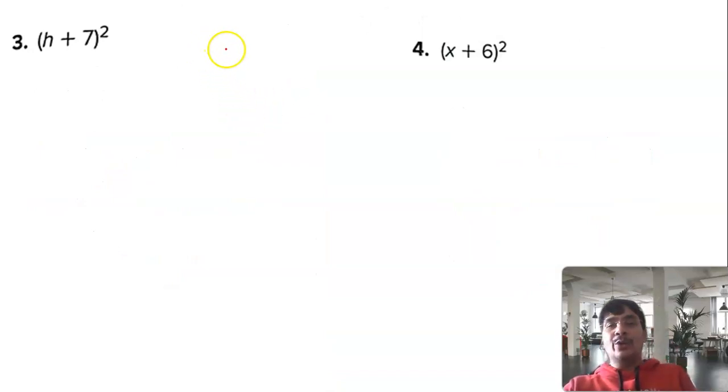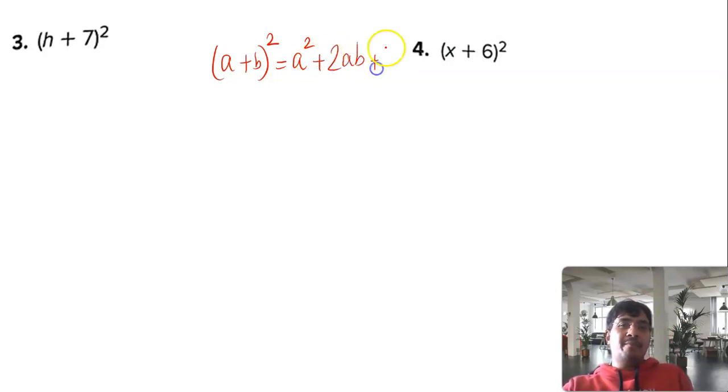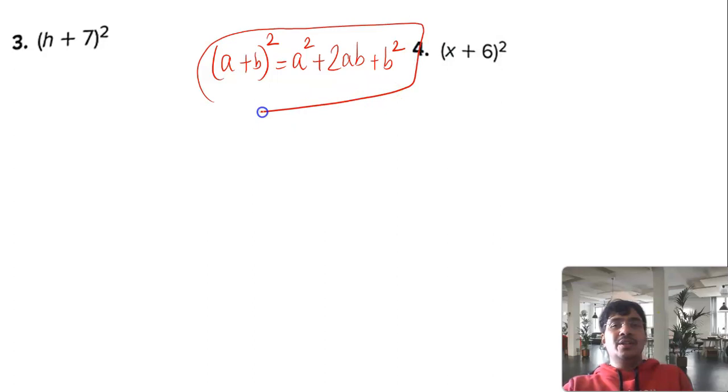Okay, now this is a rule. You have to remember the rule: a plus b the whole squared is a squared plus 2 times ab plus b squared. So you have to know this rule to solve questions 3 and 4.